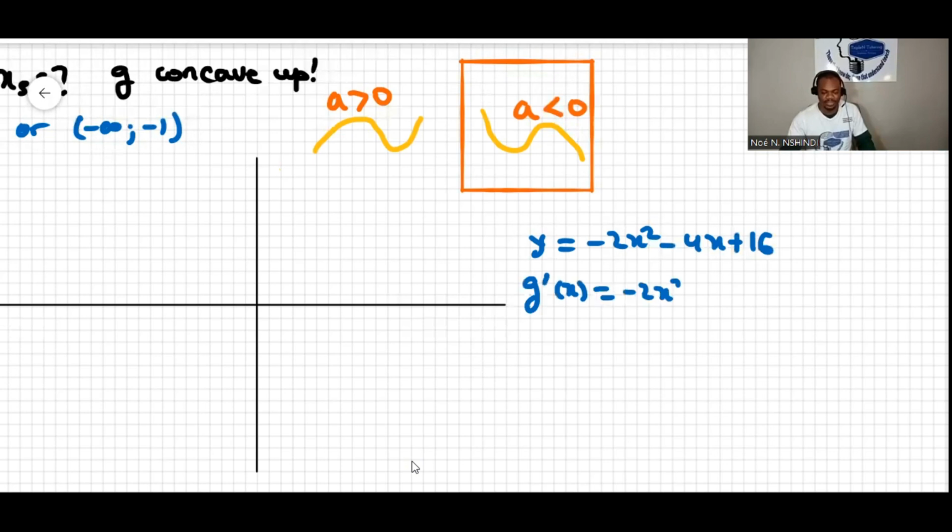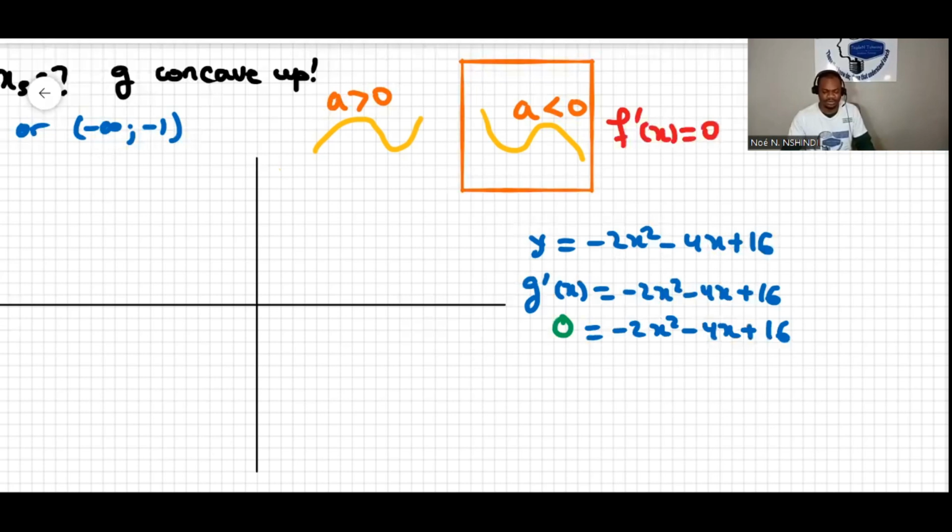We can find the turning points if the derivative of the function is equal to 0. So now we're going to set g prime to 0, so this will be 0 equal to -2x squared minus 4x plus 16.